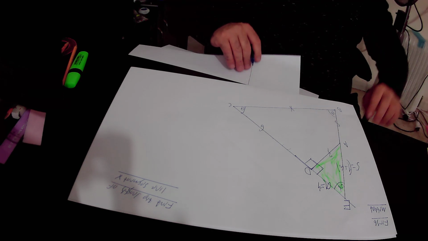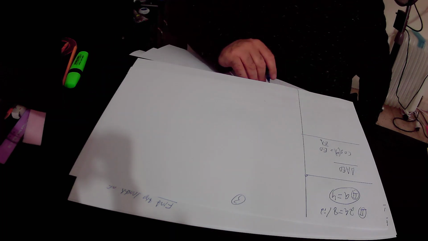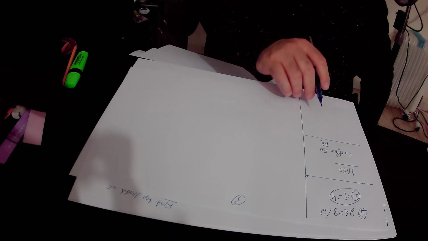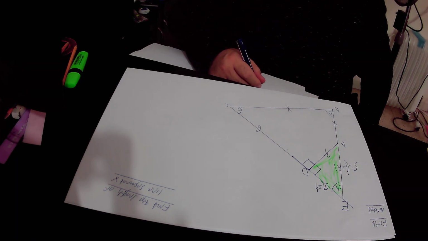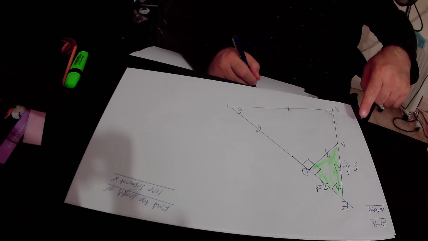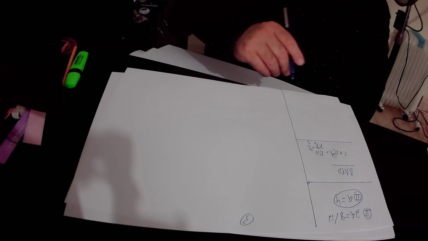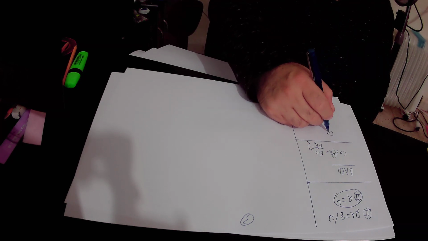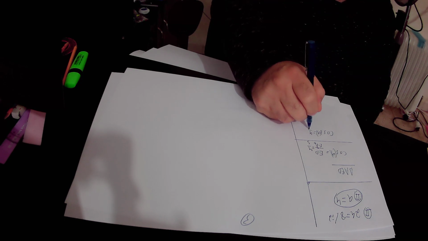I repeat again. In the green right triangle AED, cosine alpha equals ED over EA. ED equals 4, so we substitute ED by 4. And EA equals 5, so we substitute EA by 5. So in conclusion, in the right triangle AED, cosine alpha equals 4 over 5.